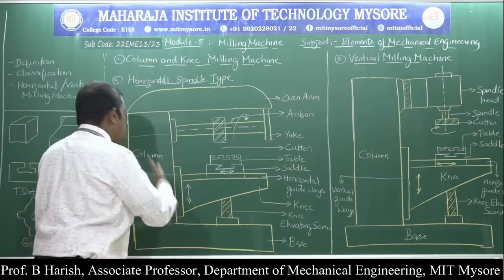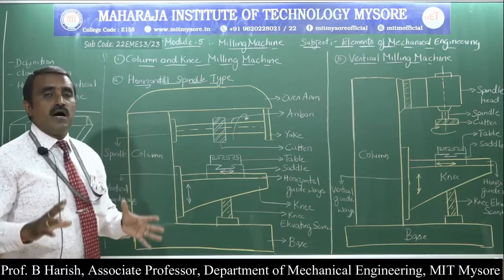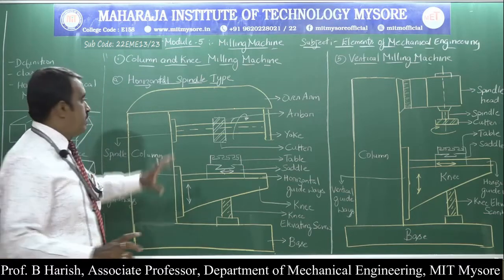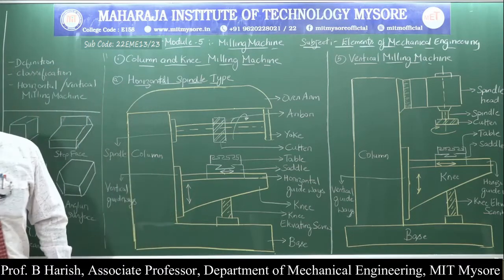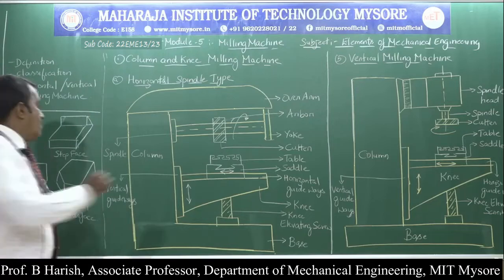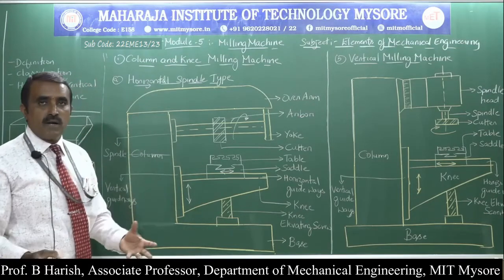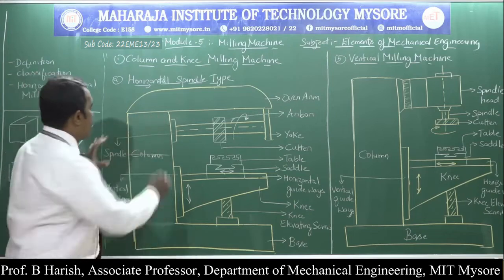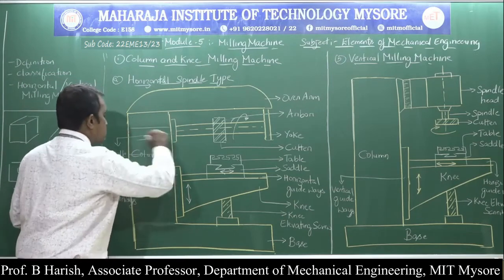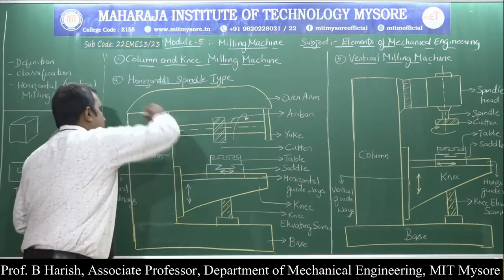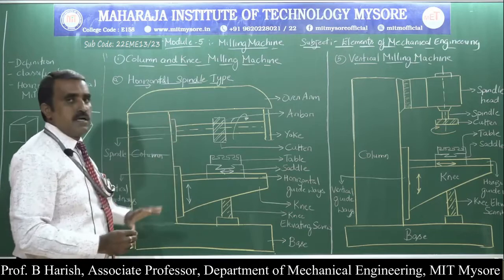The function of the column is to house the entire driving mechanism. Here we will have a driving mechanism inside the column: the motor and the spindle. The spindle will be extended here. As the motor runs, the driving mechanism rotates the spindle.